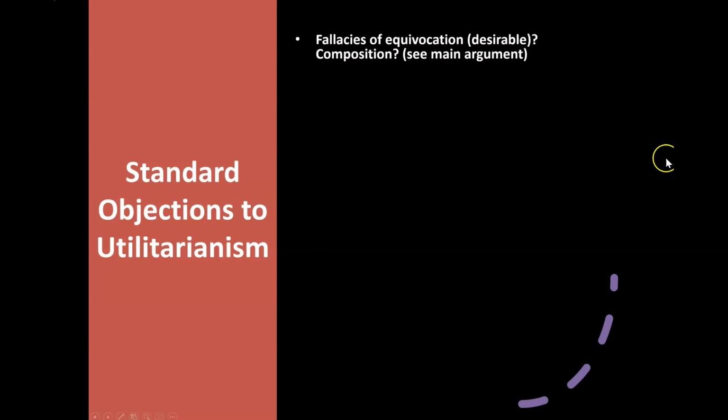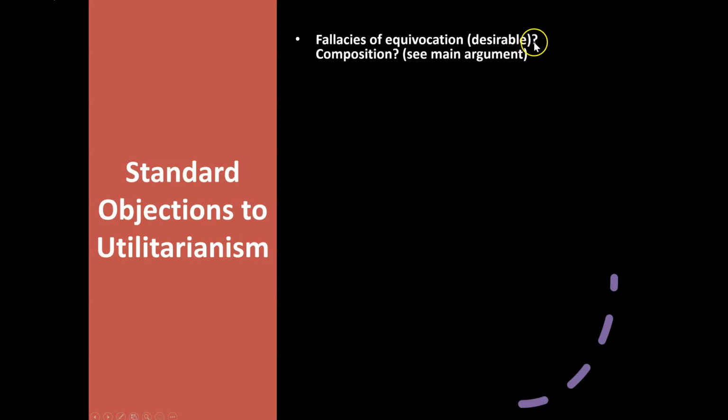And some standard objections to utilitarianism as a theory. First, many people charge that argument, the one with the premises and the conclusions, of committing the fallacies of equivocation and composition. So take a look at the main argument for this, but the equivocation is, well, he's using desire and desirable in the same way, right?